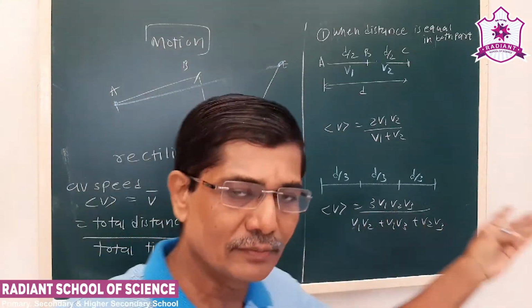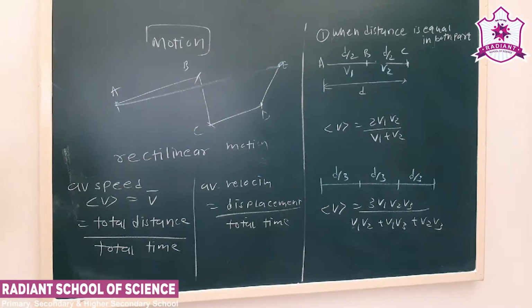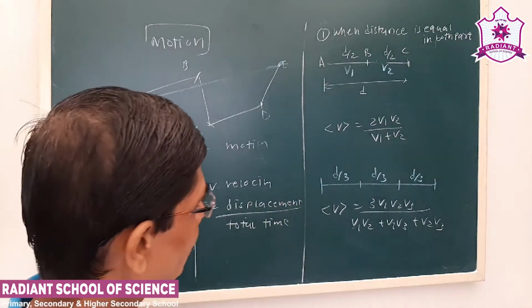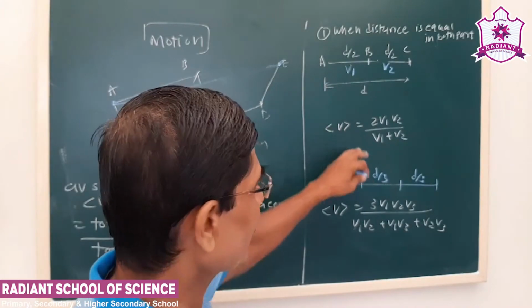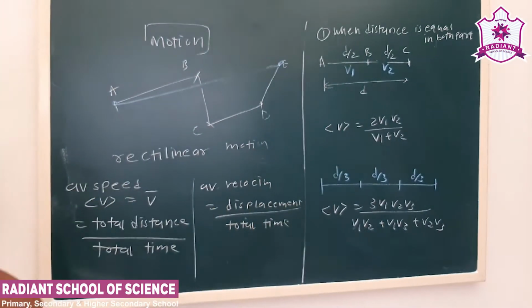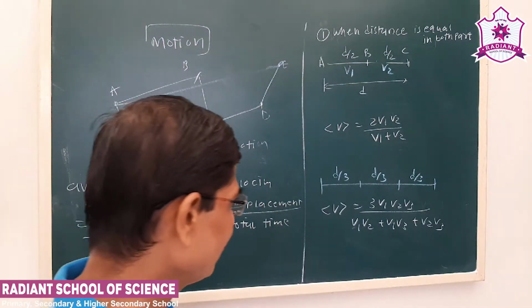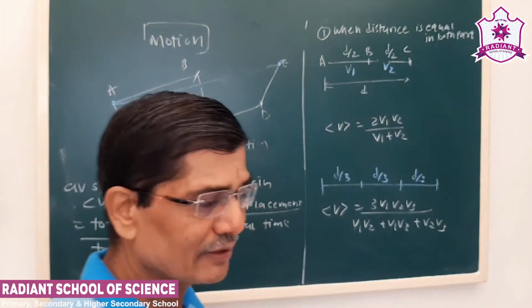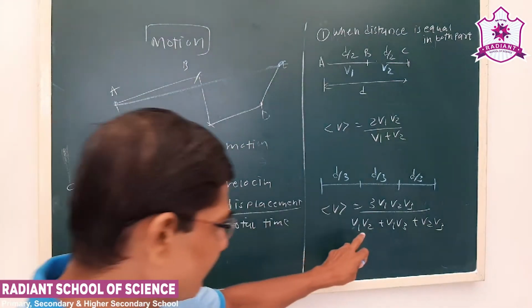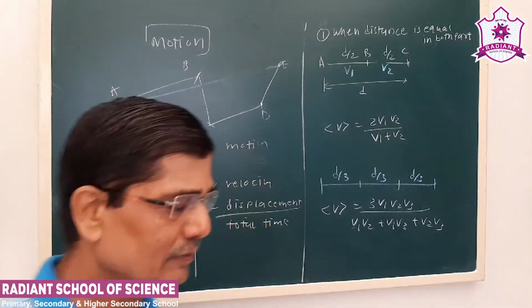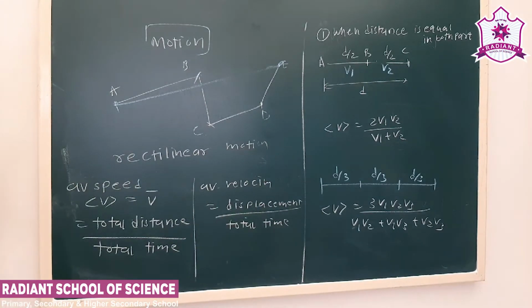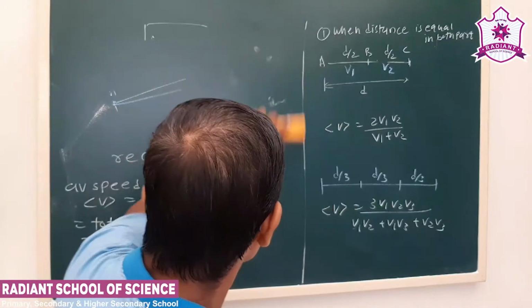It can be extended for n number of parts, but those complicated things they do not ask. But we have to remember that for two parts the average speed is 2v1v2 upon v1 plus v2, and for three parts it will be 3v1v2v3 upon v1v2 plus v1v3 plus v2v3. So this was the case when the distances of the parts are equal.